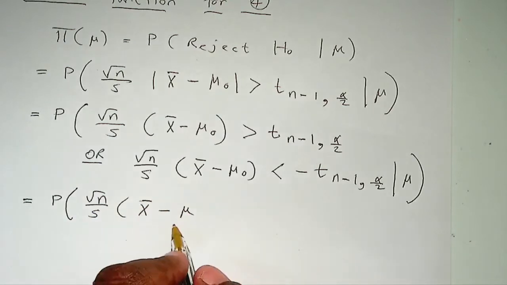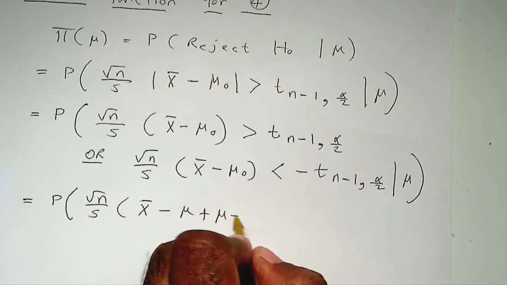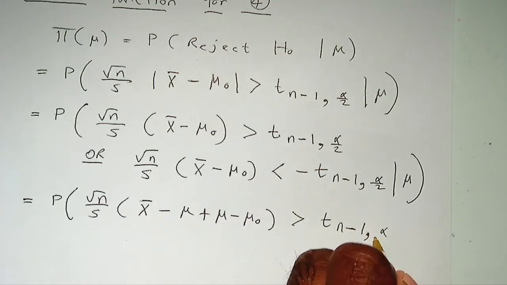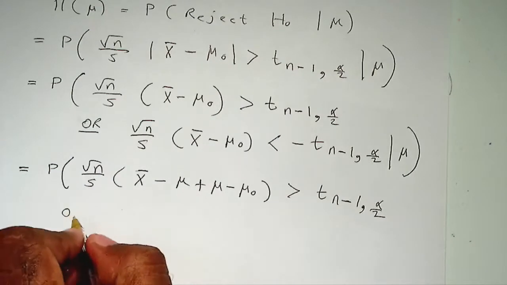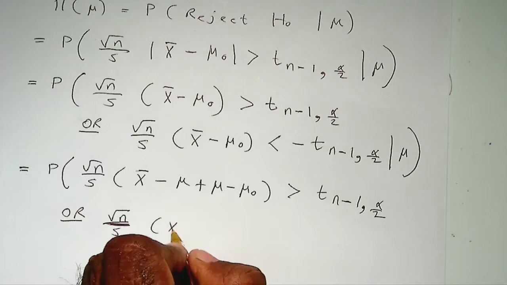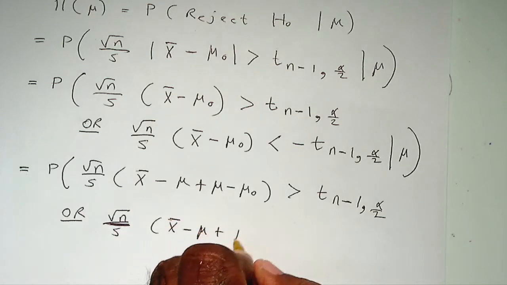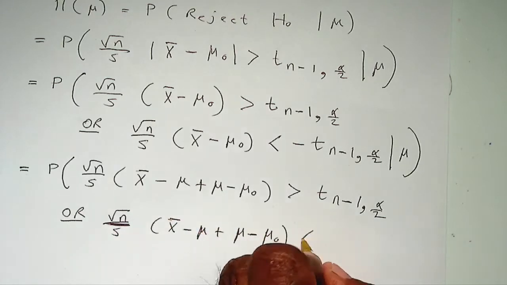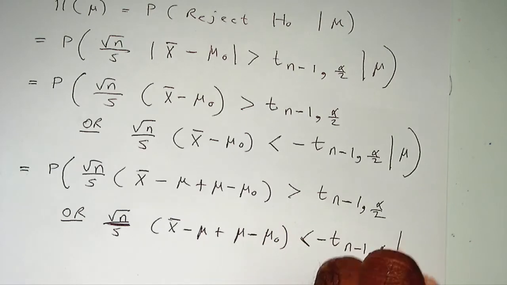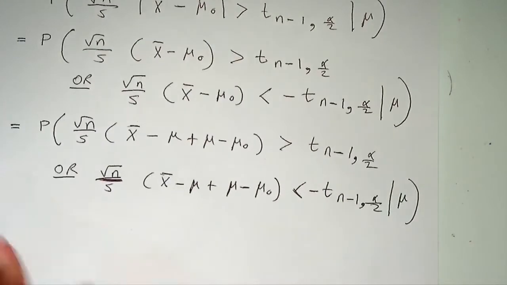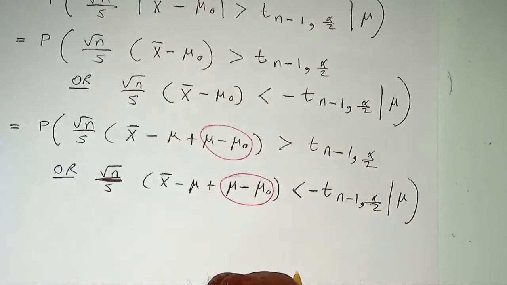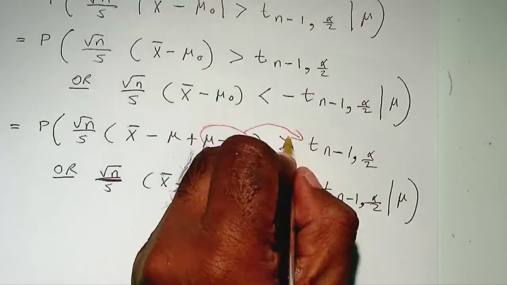I'm going to introduce a minus mu here. So I need to introduce a mu. The next thing is I'm going to group these 2 together, and I'm going to take them to the other side.